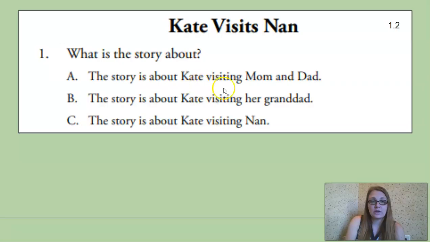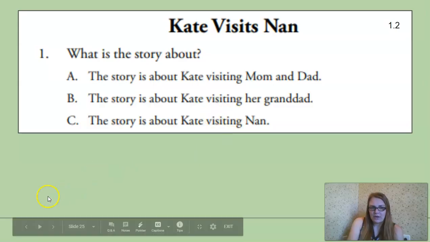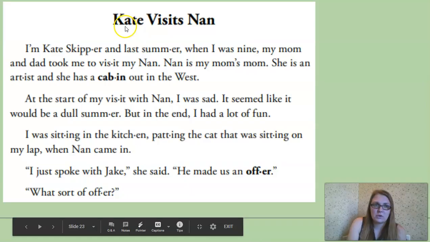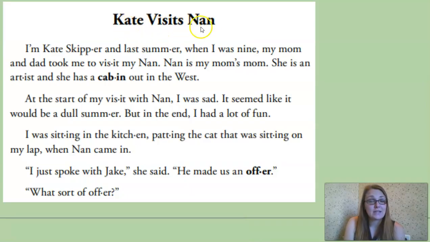A, the story is about Kate visiting mom and dad. B, the story is about Kate visiting her granddad. Or C, the story is about Kate visiting Nan. So let's think. Stories about Kate visiting mom and dad, her granddad, or Nan. Who does she visit? Well, the title of the story is called Kate Visits Nan, so that's a pretty good idea of the answer.